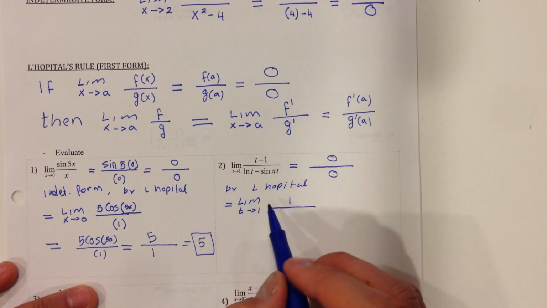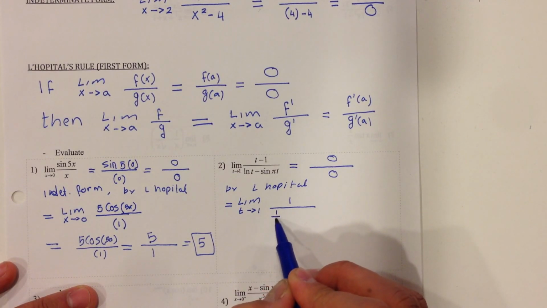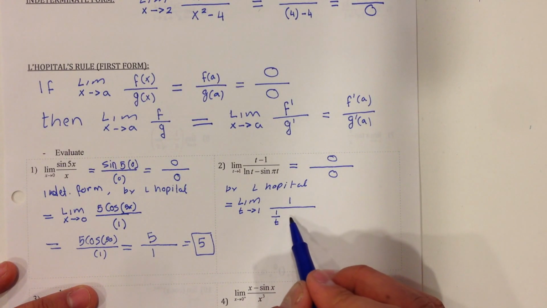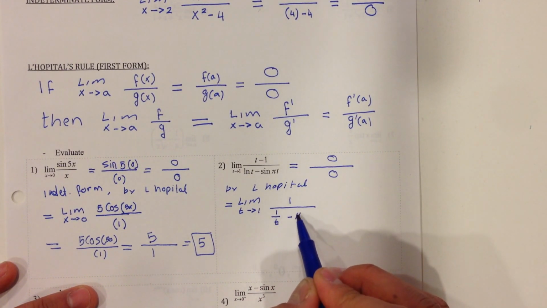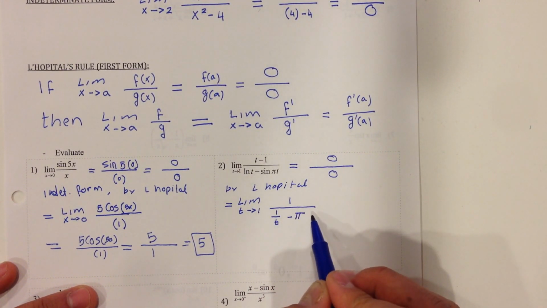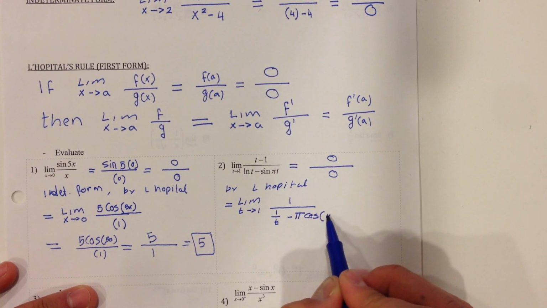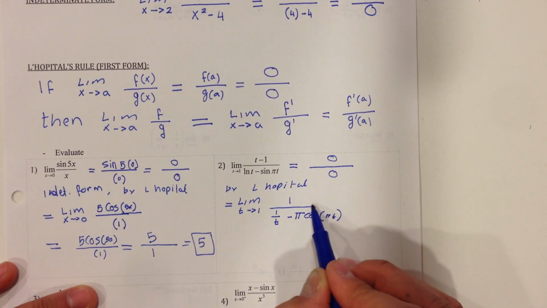The derivative of ln of t is 1 over t. The derivative of sine of pi t is going to be pi times cosine of pi t.